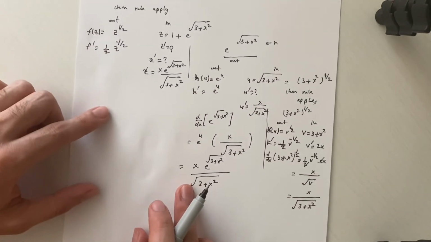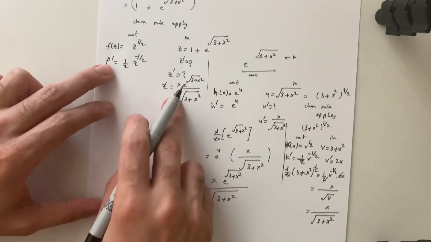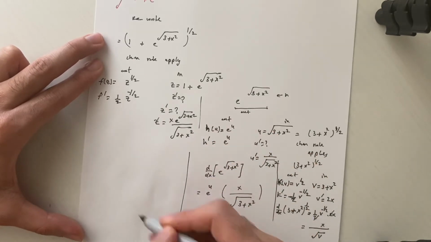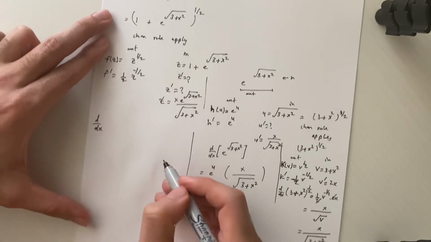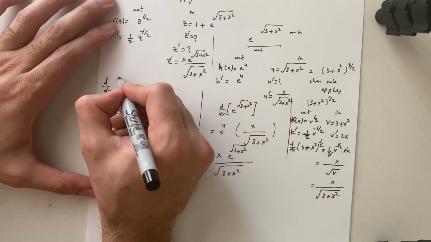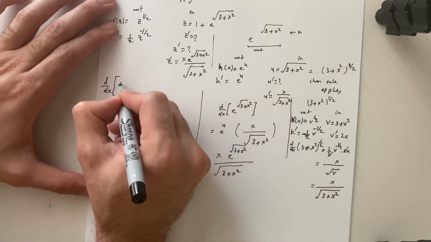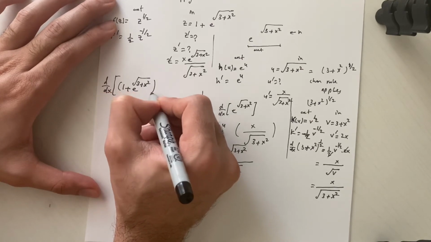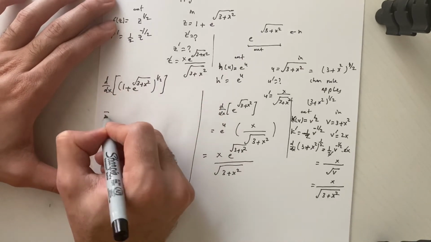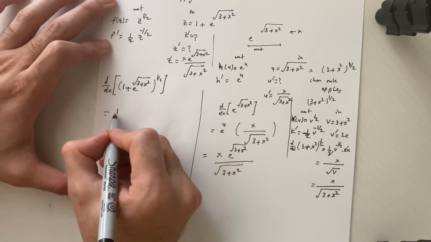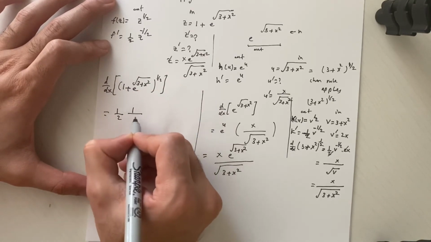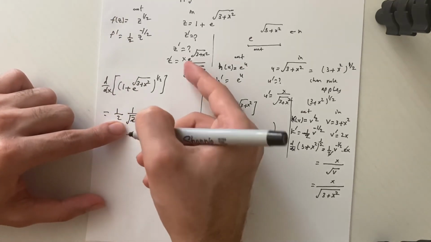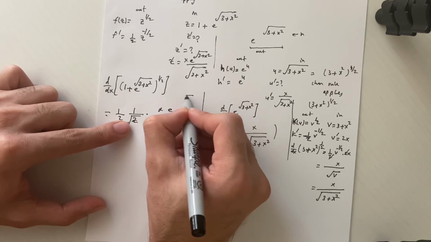Now, since we have f prime and z prime, we can apply the chain rule to find the derivative of the given example. So I'm just writing the given function. We want to take the derivative of that, and this will be just the product of f prime and then z prime.